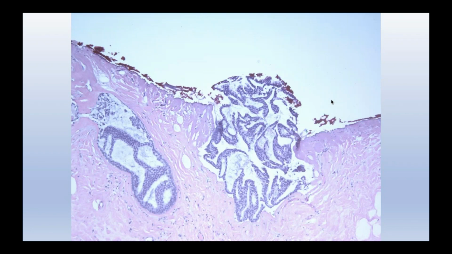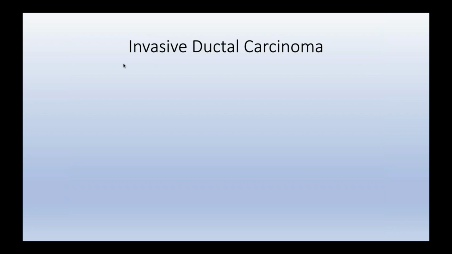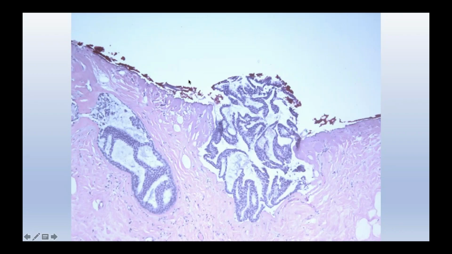If we find a ductal carcinoma in situ, patient will often go for a lumpectomy, and that tissue comes down to the lab from the operating room. We will ink it, and you can see here that there's ink on this edge.